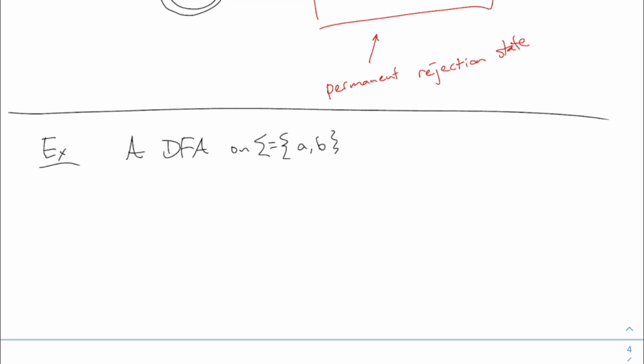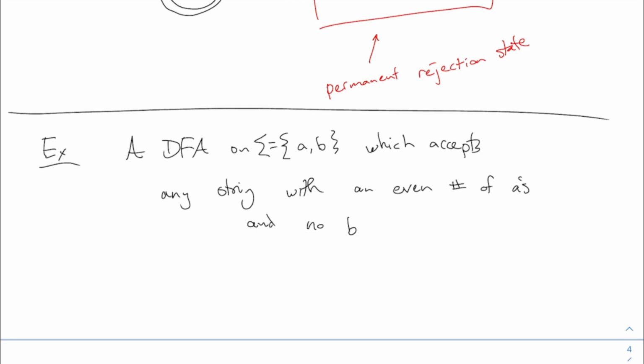That's the alphabet, which accepts any string. I'm going to try and combine the two. Any string with an even number of A's and no B's. All right? This is kind of a combination of the two previous examples. I want to accept an even number of A's and also no B's.